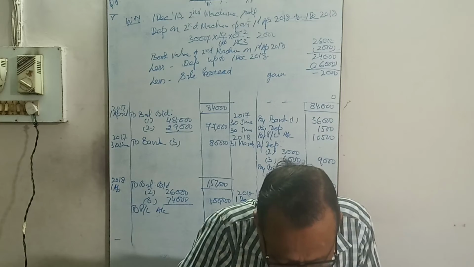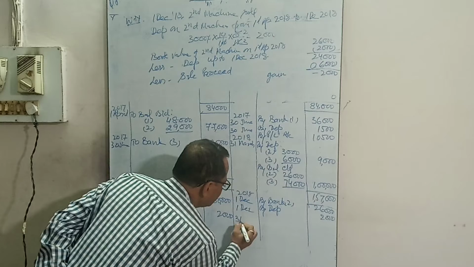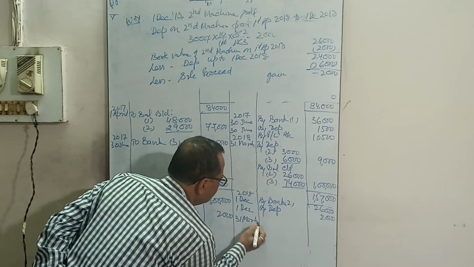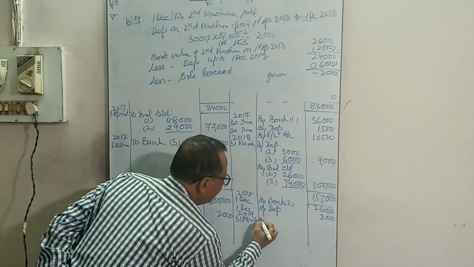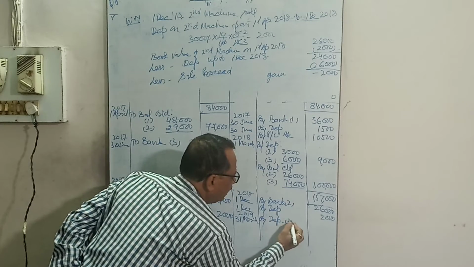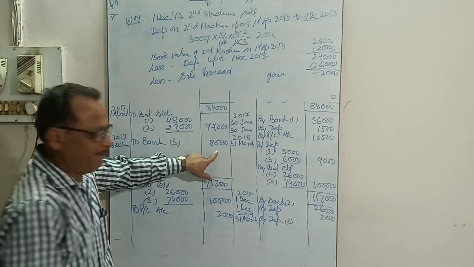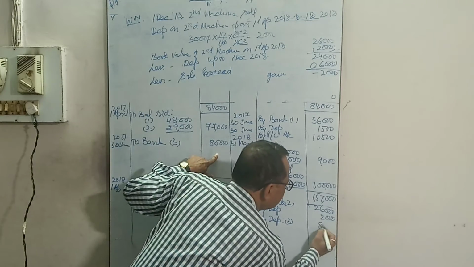Now only third machine is in hand, on which depreciation will be charged 31st March 2019, by depreciation on third machine. Third machine is 80,000 original cost. 10% on it is 8,000.